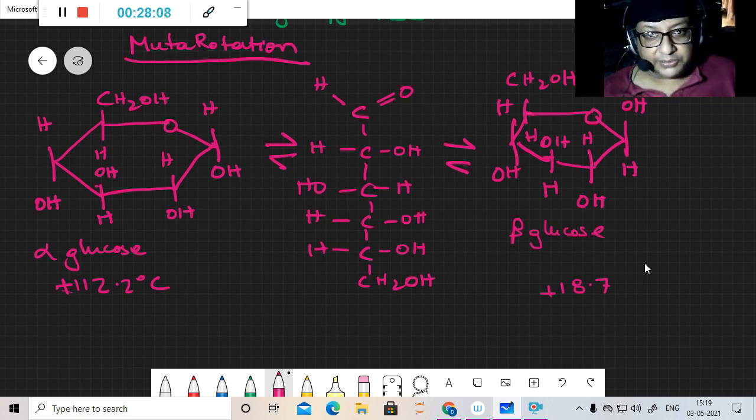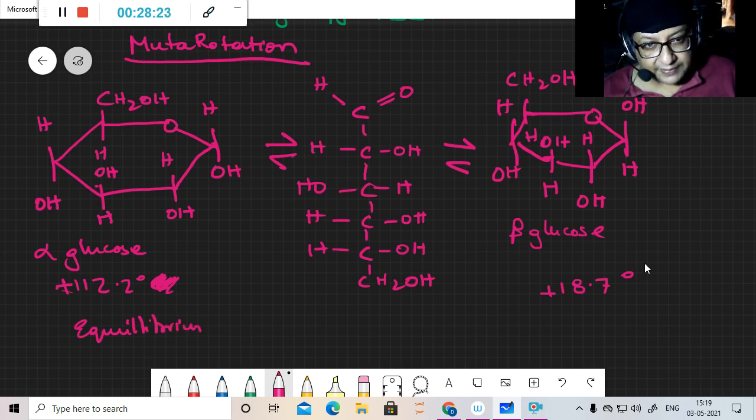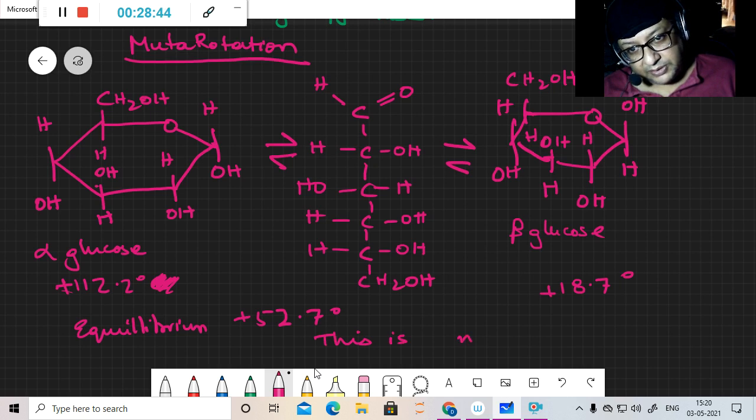When this keeps on happening, the angle keeps on shifting. The average optical rotation which you find when equilibrium is reached, where an equal number of alpha glucose gets converted into beta glucose and beta glucose gets converted to alpha glucose, is 52.7 degrees. So this phenomenon is known as mutarotation.